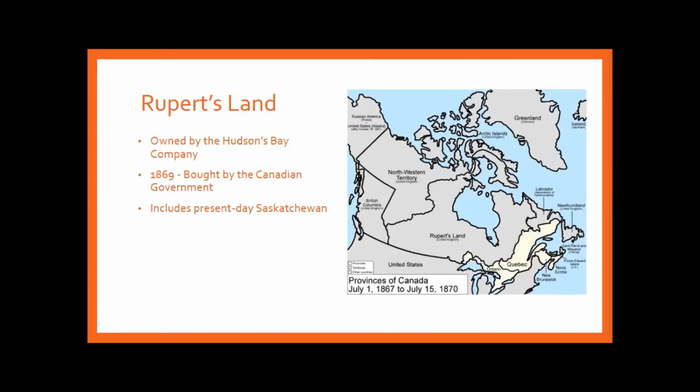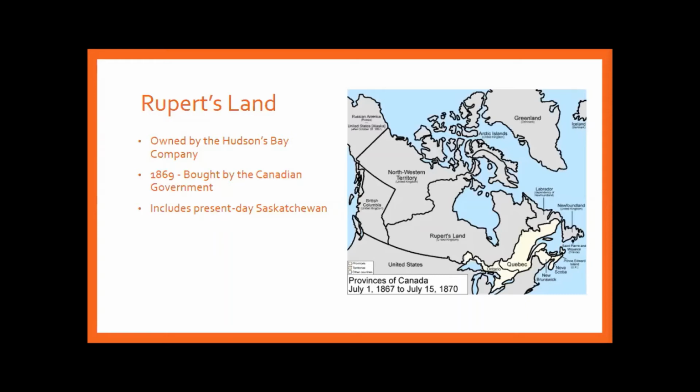Rupert's Land, which you can see is just above where Canada is, was at that time owned by the Hudson's Bay Company. And the Hudson's Bay Company was a very successful British fur trading company. And they essentially had been given by the British Crown permission to do whatever they wanted in Rupert's Land. So the Canadian government was very concerned that the Americans were going to come north.